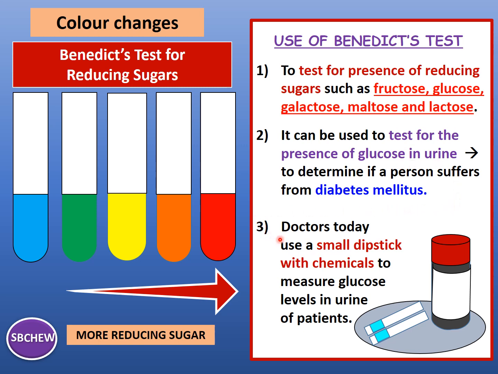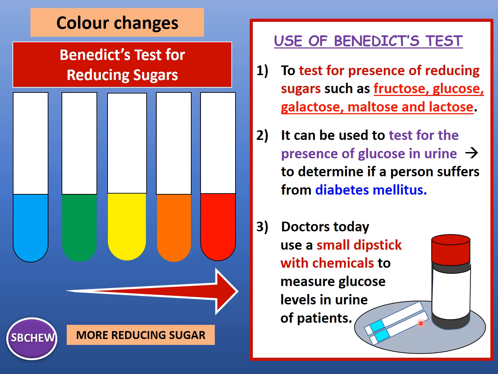However, for doctors today, or even for patients who like to test for the presence of glucose in their urine, normally they will use a small dipstick with chemicals to measure the glucose levels in the urine. This is a commercially prepared product where inside the bottle you get dipsticks, which are pieces of cardboard or paper that have special chemicals on them to detect the presence of glucose in urine.